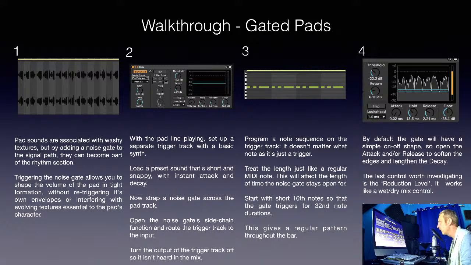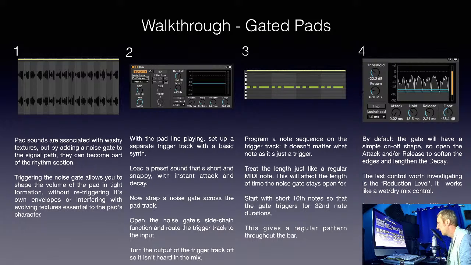So by default, the gate will have a simple on-off shape. So open the attack and or release to soften the decay, and in this case you need to control the hold as well. And there's a few other parameters by adjusting your threshold and also your return. You need to get these balances right, otherwise you won't get the gated signal how you want it. But I'll show you that in the example coming up.